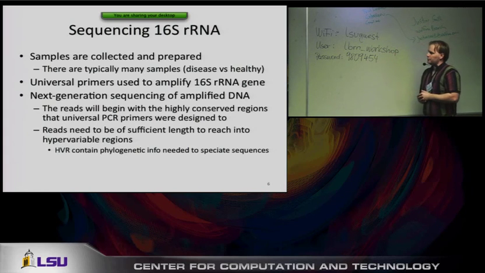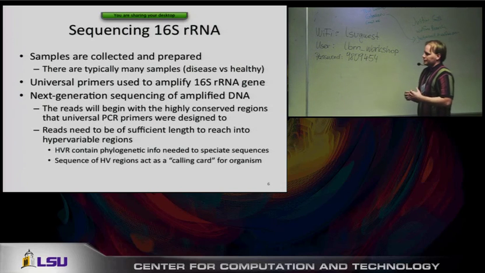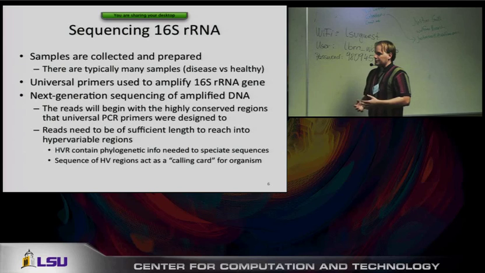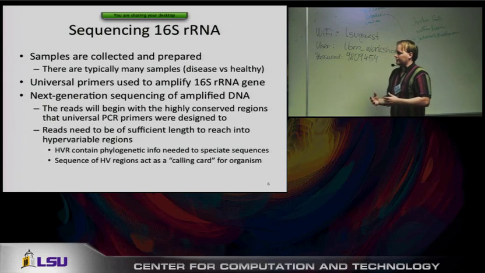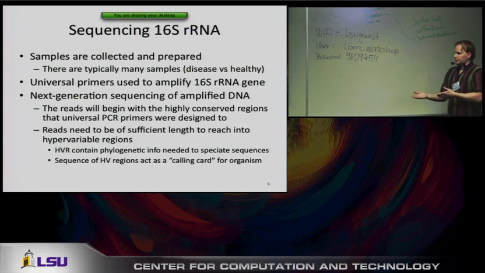So these hypervariable regions actually contain the phylogenetic information that we're going to need to speciate these sequences. And essentially, the sequence of the hypervariable region for a given read is kind of like a calling card for that organism, and it's matched to a database to say, okay, this particular sequence came from Staphylococcus.